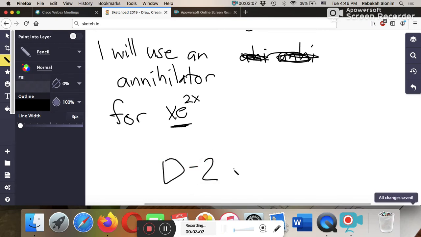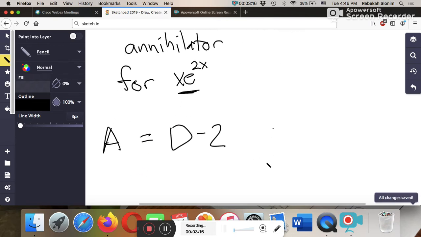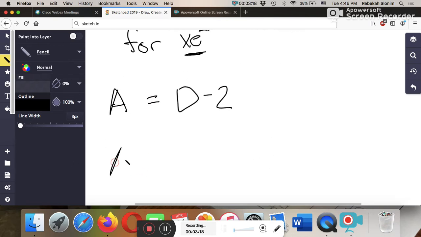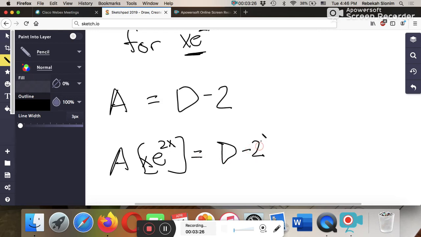We've already talked in the previous video about D, so I'm going to call this operator A, which is D minus 2. So A of x e to the 2x is just this D minus 2 applied to x e to the 2x. I take the derivative and then subtract 2 times the original function.